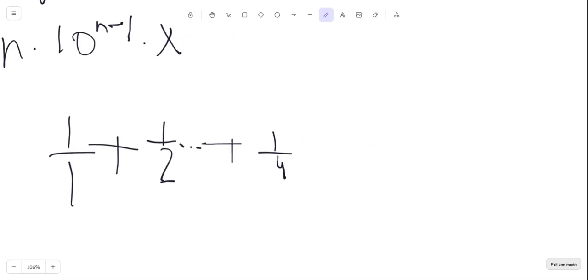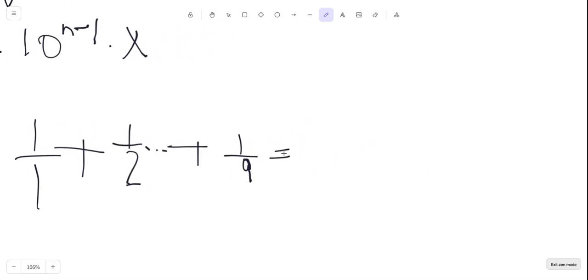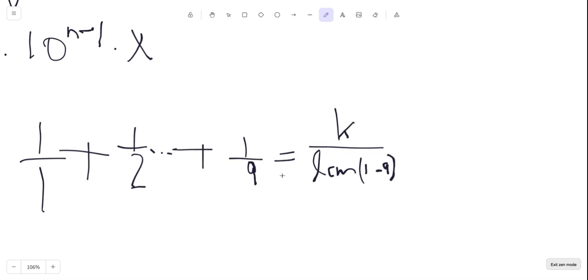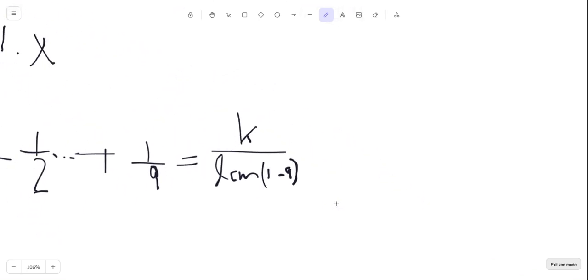Now, x is going to be equal to some number k over the least common denominator of 1 through 9. And what is this actually?